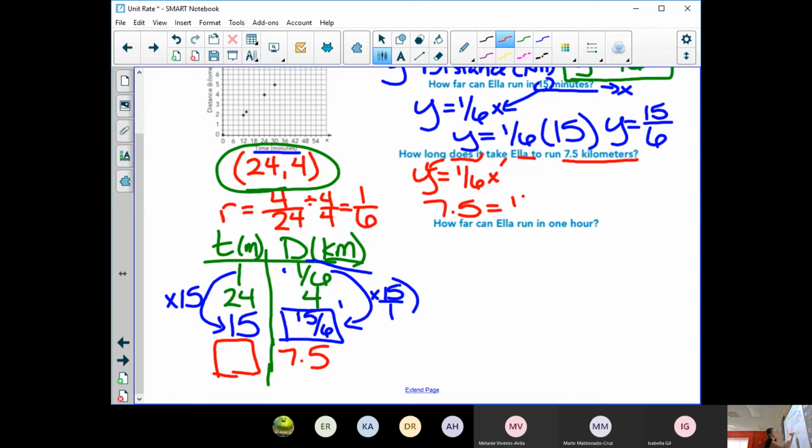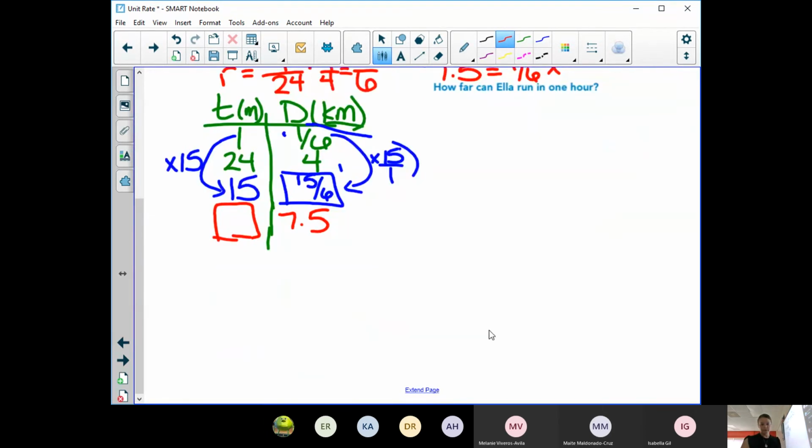7.5 equals 1/6 x. So I'm going to drop down to the bottom here and rewrite this.